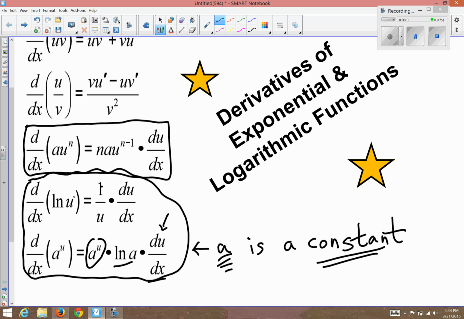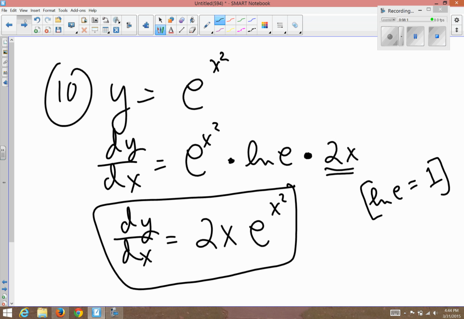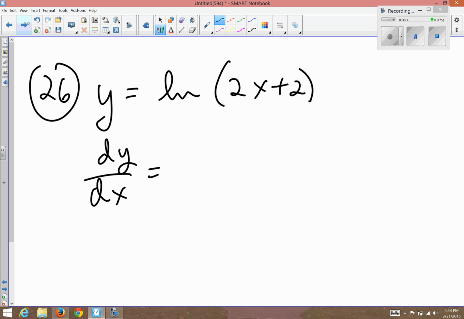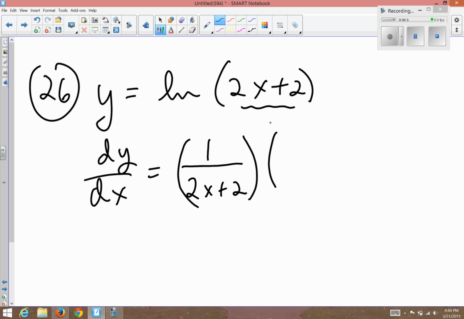That means write 1 over whatever is here. And also multiply by the derivative of what I just put a box around. The derivative of the natural log of something is 1 over the something times the derivative of that something.